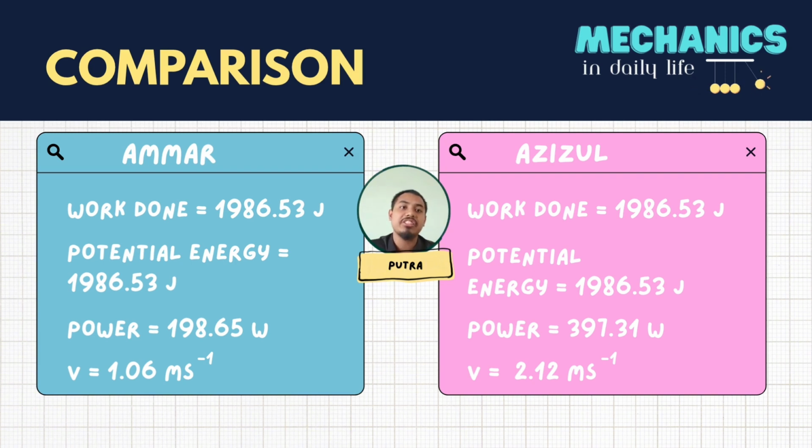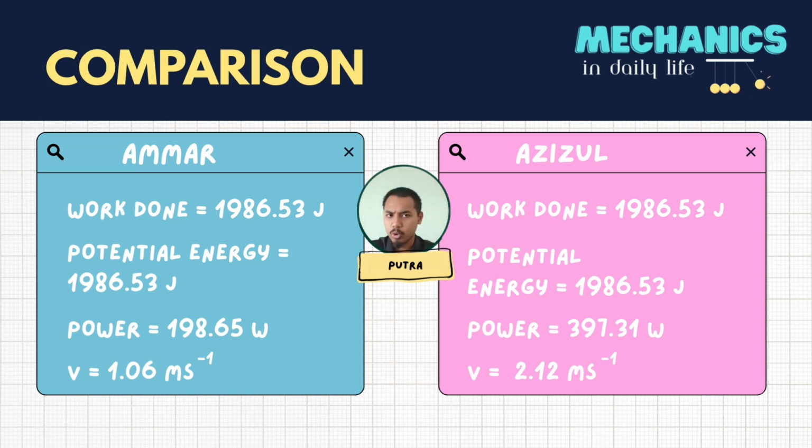Amar climbs the stairs at a speed of 1.06 meters per second and produces 198.65 watts of power. In contrast, Azizul climbs at 2.12 meters per second and produces 397.30 watts, which is about twice as much power.